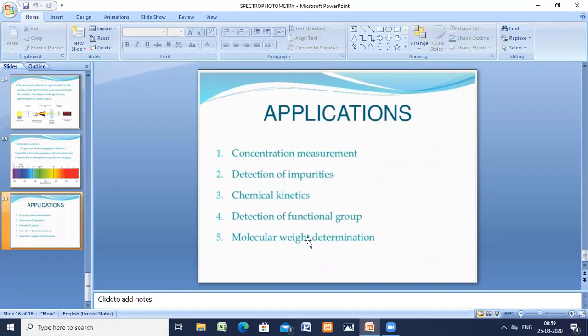These are quantitative measurements, some of the examples which were explained. In detail, it's not explained. Iron in steel using thiocyanate we can do spectrophotometrically. In this way, you can go for different quantitative measurements.